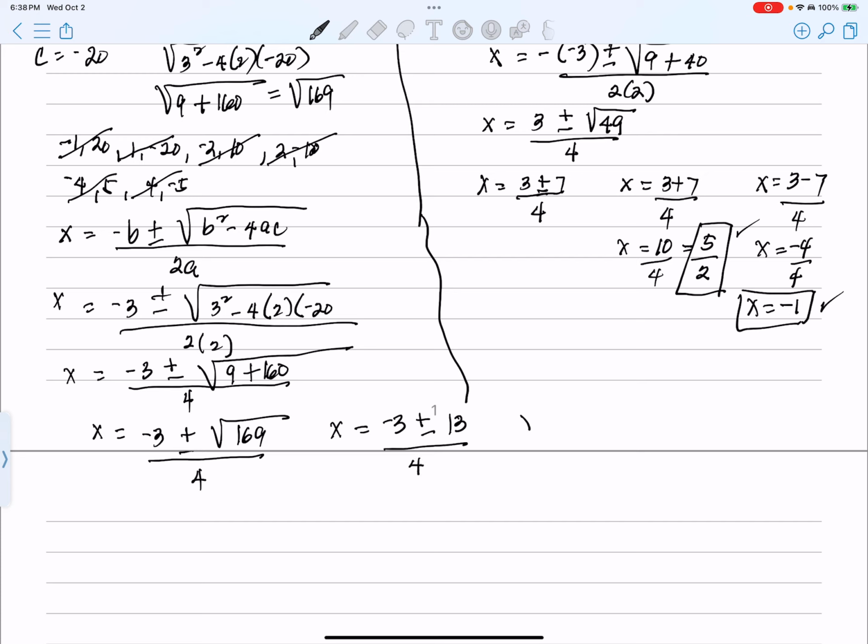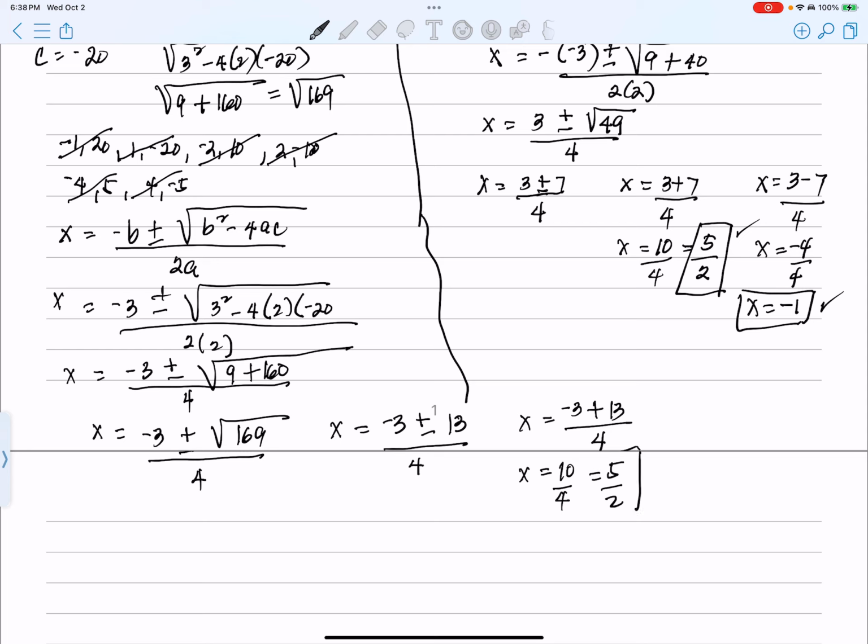Let's get the positive value. Negative 3 plus 13. Let's do the addition. So x is negative 3 plus 13, that is 10 over 4, that is 5 over 2.